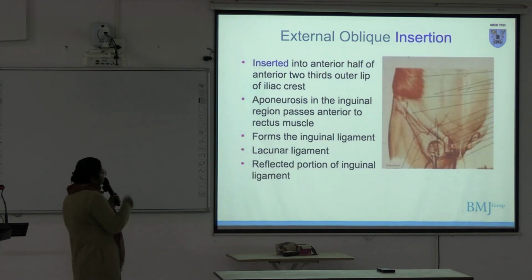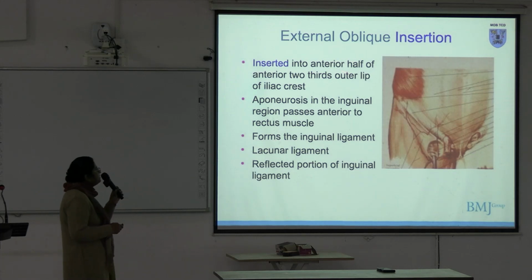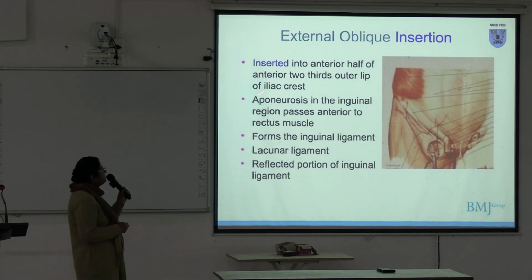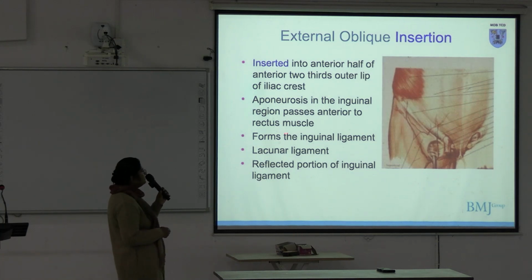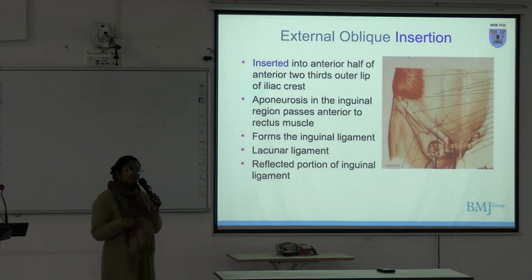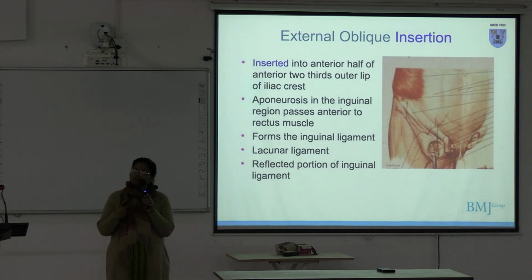Next, inserted into the anterior half of the anterior two-third of the outer lip of the iliac crest. Aponeurosis in the inguinal region passes anterior to the rectus muscle and forms the inguinal ligament. Inguinal ligament is formed by thickening of the aponeurosis of external oblique. Okay, you know it.